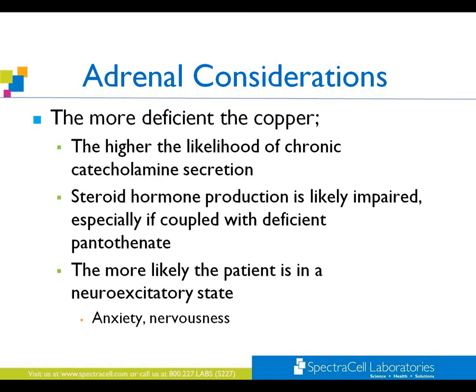Steroid hormone production is likely impaired, and especially if you're seeing this with a low B5, then you can know that that individual has gotten to the point where they're probably not even effectively managing their glucose through the action of cortisol as a glucocorticoid, but now they're having to routinely dip into their catecholamines to continue to carry that load for them as well.